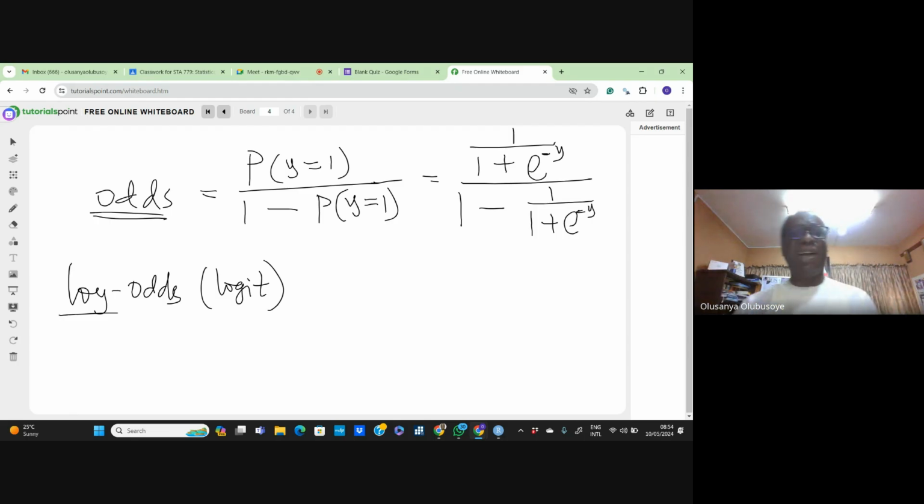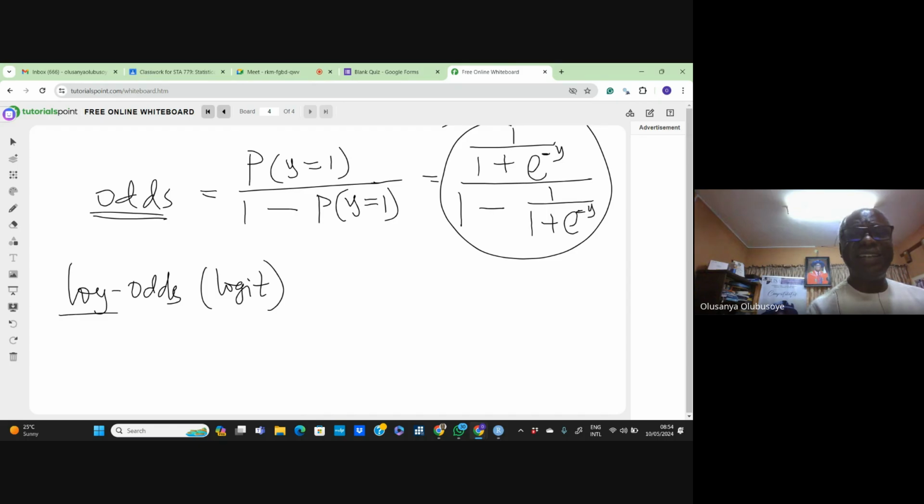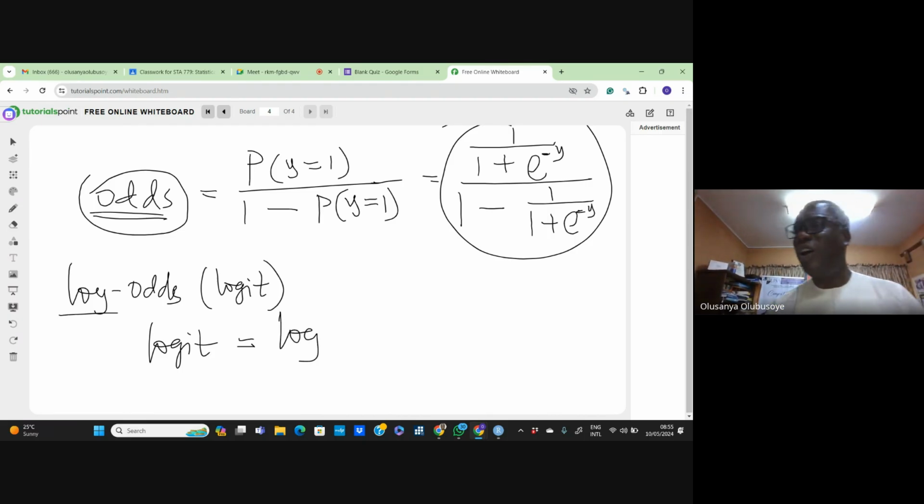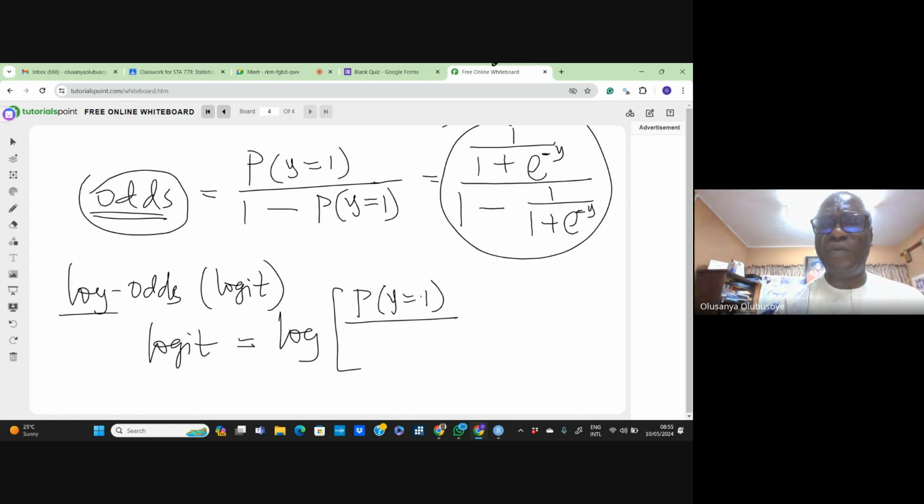You can do your mathematics, I leave that to you. But let's come back here. So when I take the log of the odds, then I will have logit equal to the log of everything here, probability of y equals 1 over 1 minus probability of y equals 1.